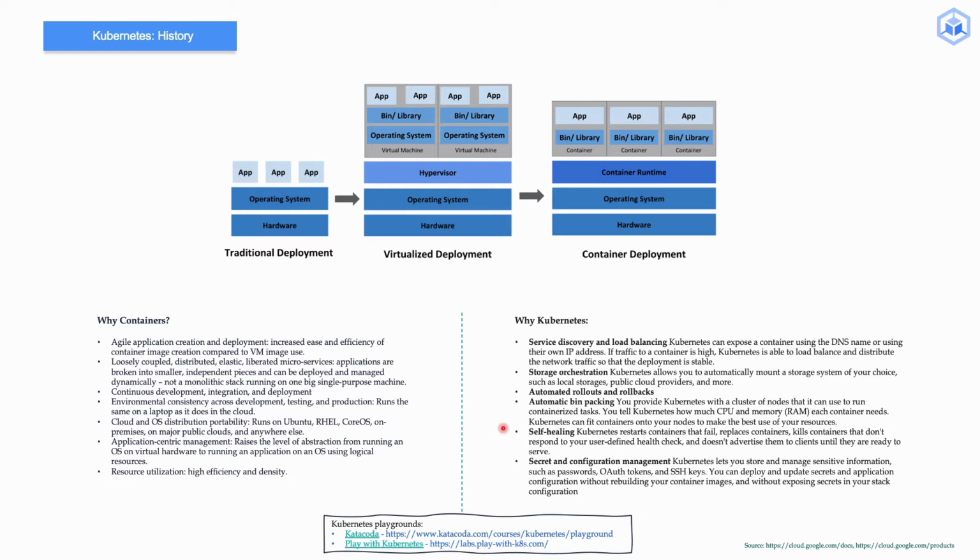We'll be looking at Kubernetes much more in detail, but the idea of this slide is there was a need to move towards the loosely coupled microservices architecture, and that was provided by containers.